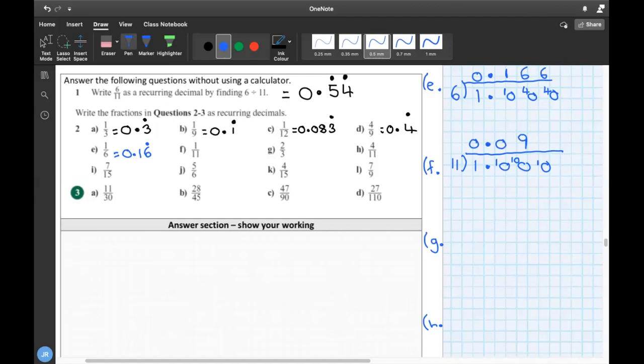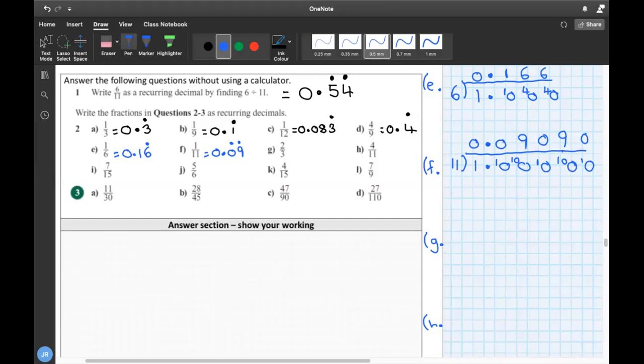So we've got a remainder of 1. How many 11s fit into 10? None. So we need to take that whole 10 over. How many 11s fit into 9? And we've got back to this again. Okay, so this would keep on happening again and again and again. We've got 0.09. Both the 0 and the 9 are recurring. So you're going to need your point on top of both digits because it goes 0, 9, 0, 9, 0, 9.